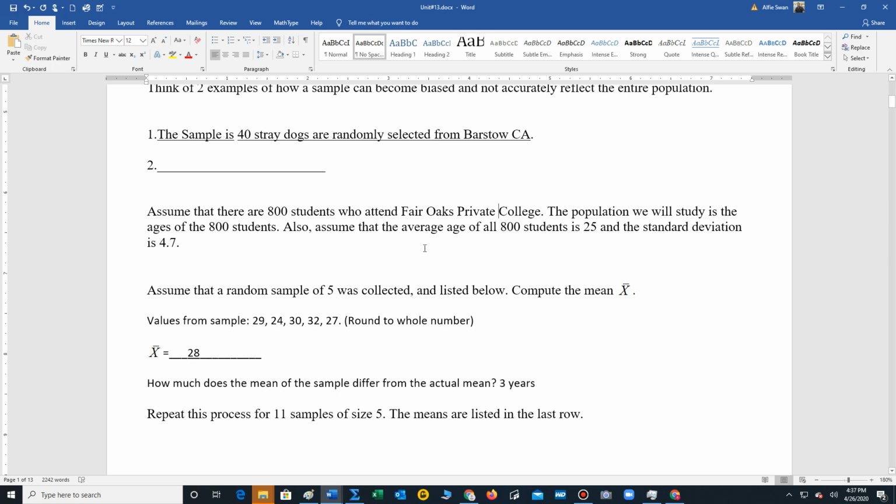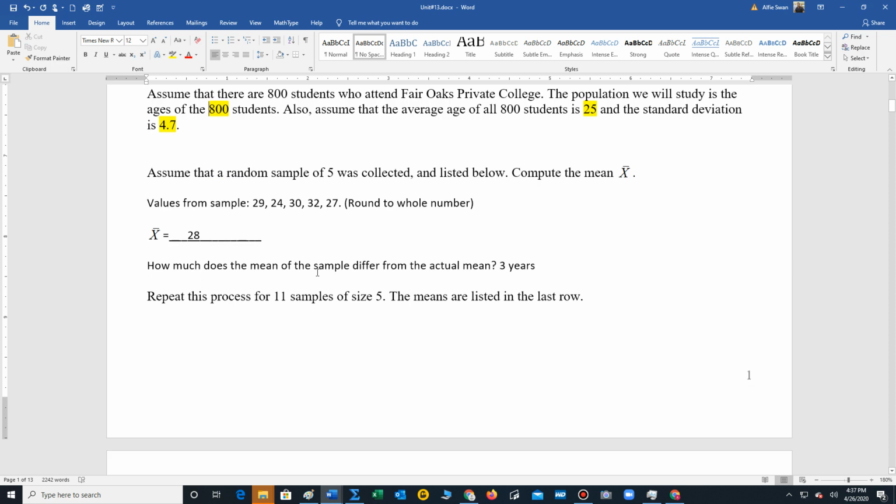Let's say we know the average age of the 800 students is 25 and the standard deviation is 4.7. This is for all 800 students at Fair Oaks Private College.